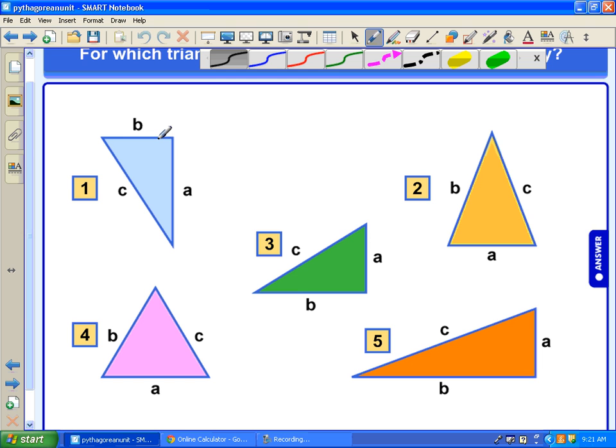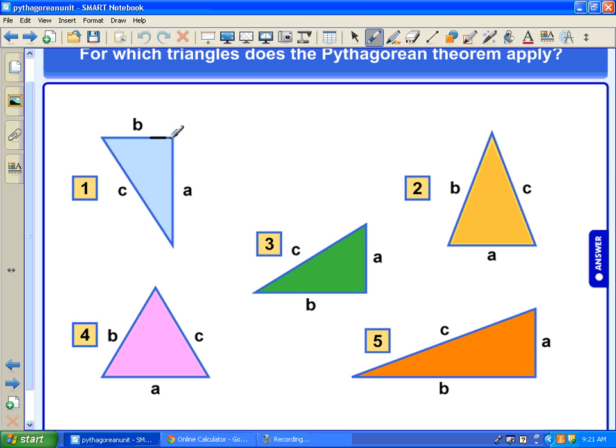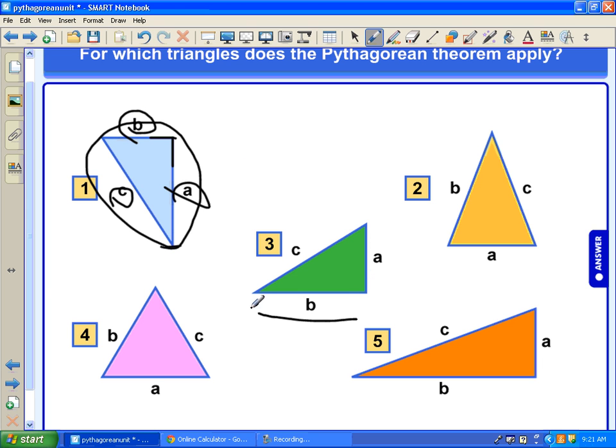The rule is, if it's got a square corner right here, like this, in other words, if it's a right triangle, you can use the Pythagorean theorem to figure out any side you wish. So it can be used on this one. It can be used on this one here because it's got a perfect corner.